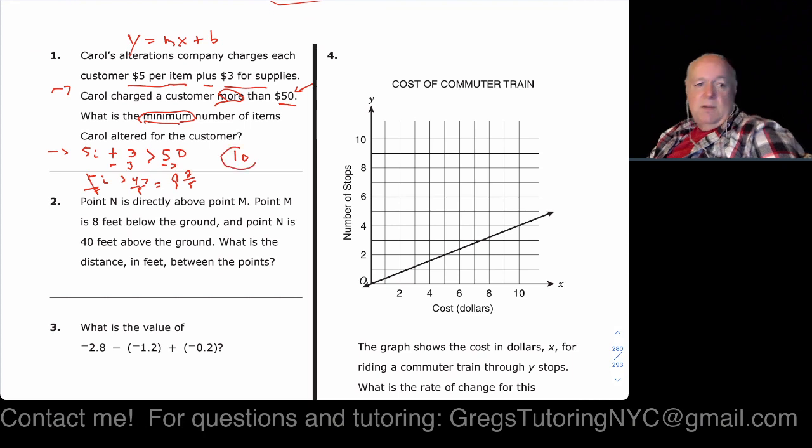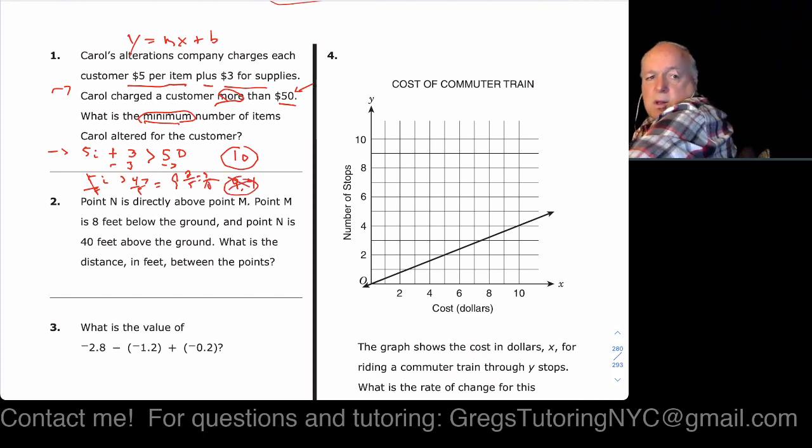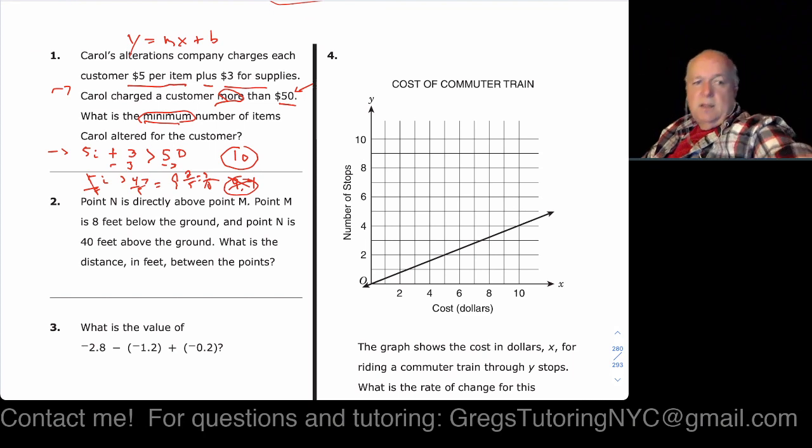What is the minimum number of items that she needs to do where it's more than 50? And the answer, by the way, 9 and 2/5 is 9.4, right? Because this is equal to 4/10. 9.4 is not the answer, because she needs to give a full altered item to the person.